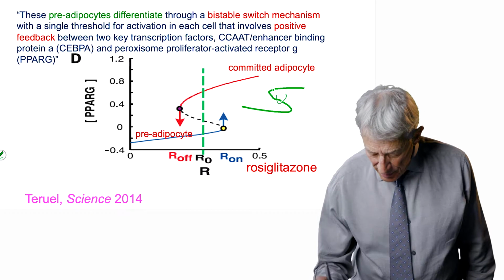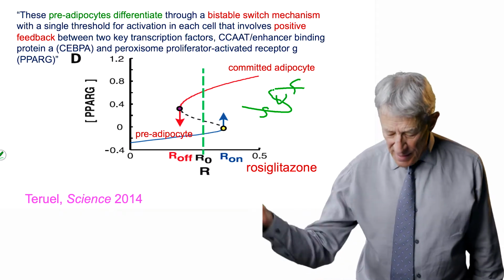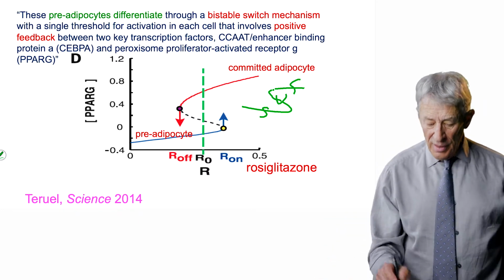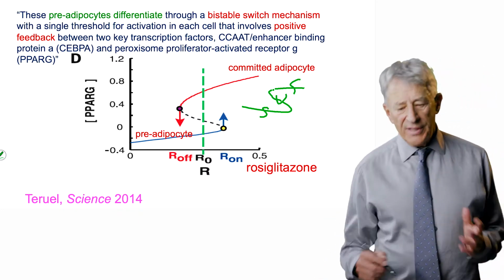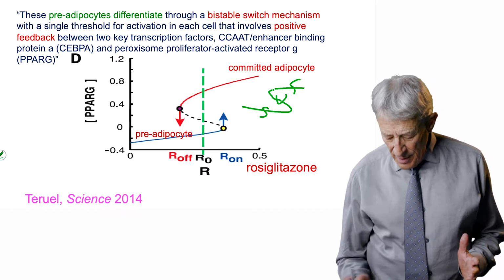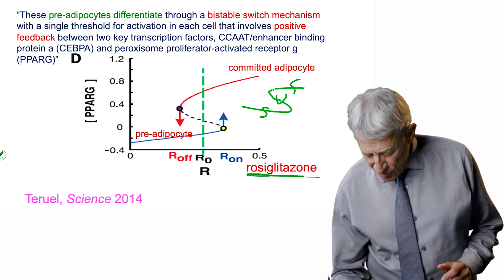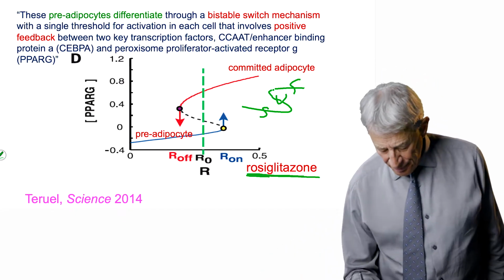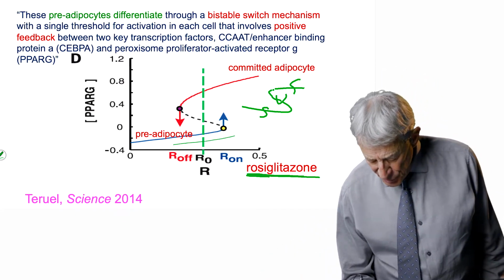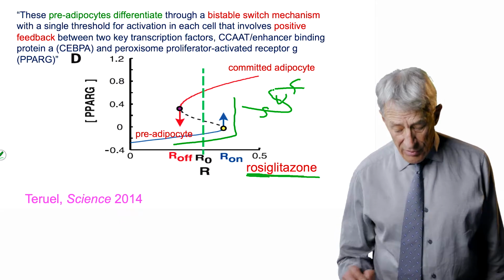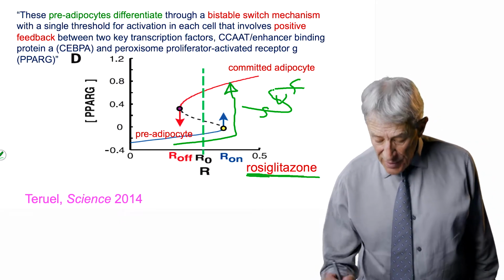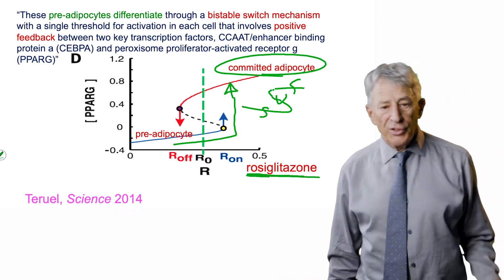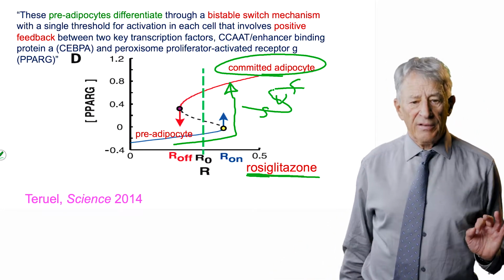Here's the unstable, here's the stable and the stable. In this case, the low stable is the pre-commitment adipocyte. The presence of the stimulant rosiglitazone moves you to the right in this diagram and eventually moves you to the point where there is no longer an equilibrium point there, and you have to jump up to the other available equilibrium point, which is committed adipocyte.